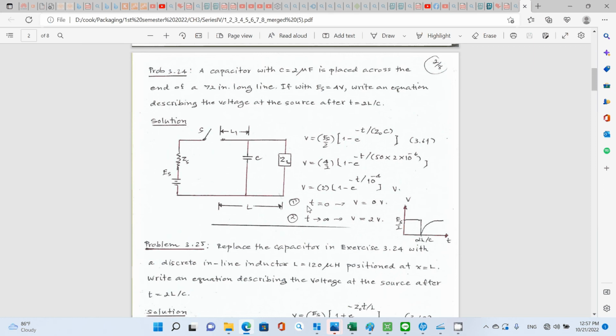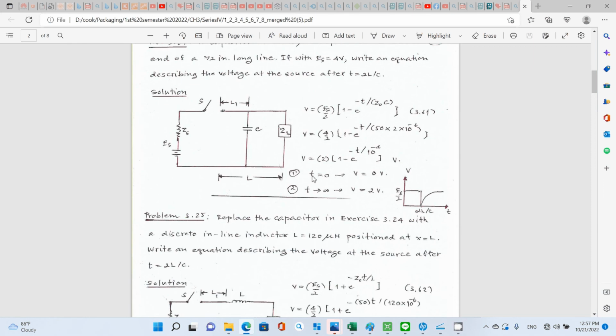Now you just take a quick look at T equal to 0. What do you have? When T equals 0, this term becomes 1. So V becomes 0. That's true because the voltage has just arrived at the capacitor, and at the beginning the capacitor is not charged yet.